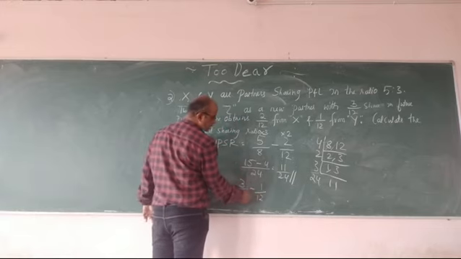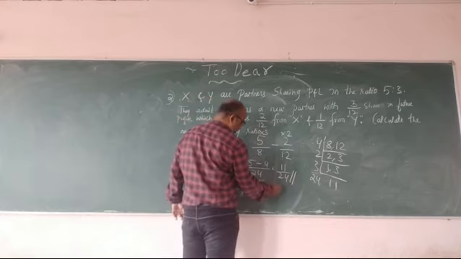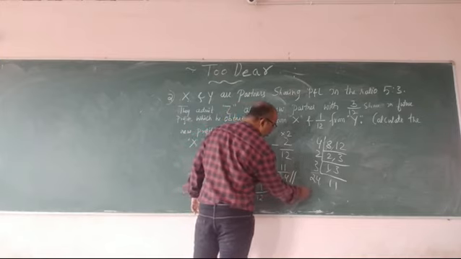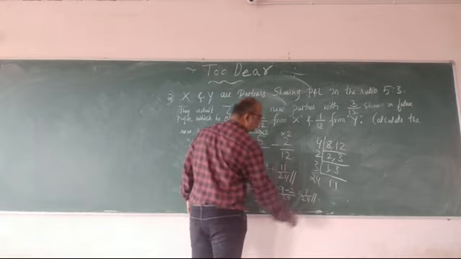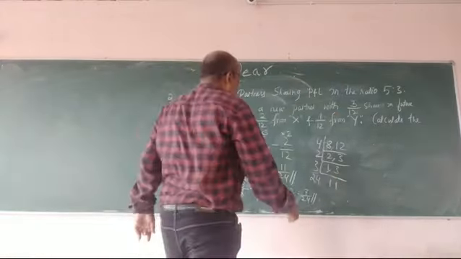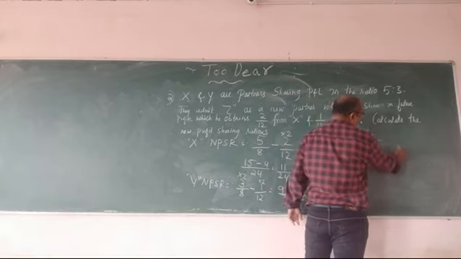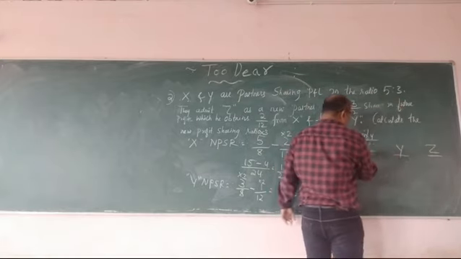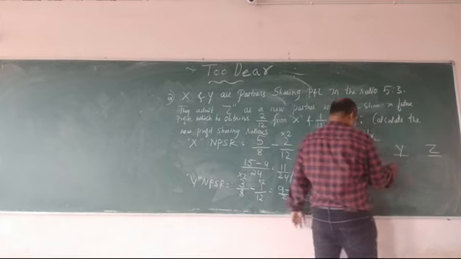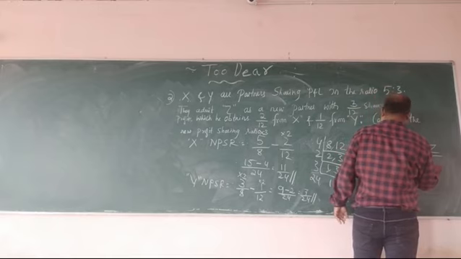The LCM is the same here. 12 twos are 24, 8 threes are 24, 3 threes are 9, 9 minus 2 by 24 equals 7/24, which is the new profit sharing ratio of Y. Now if you want to verify, X's new profit sharing ratio is 11/24, Y is 7/24 and Z is 3/12.